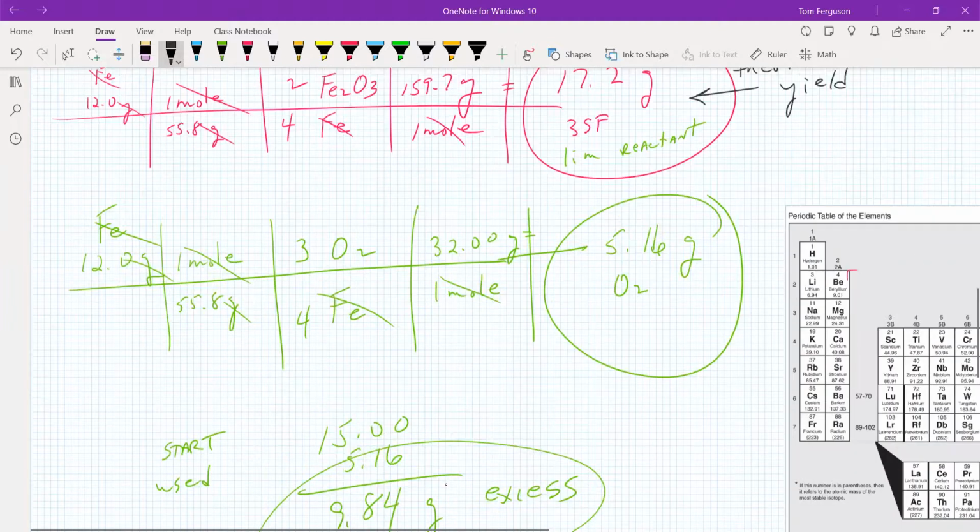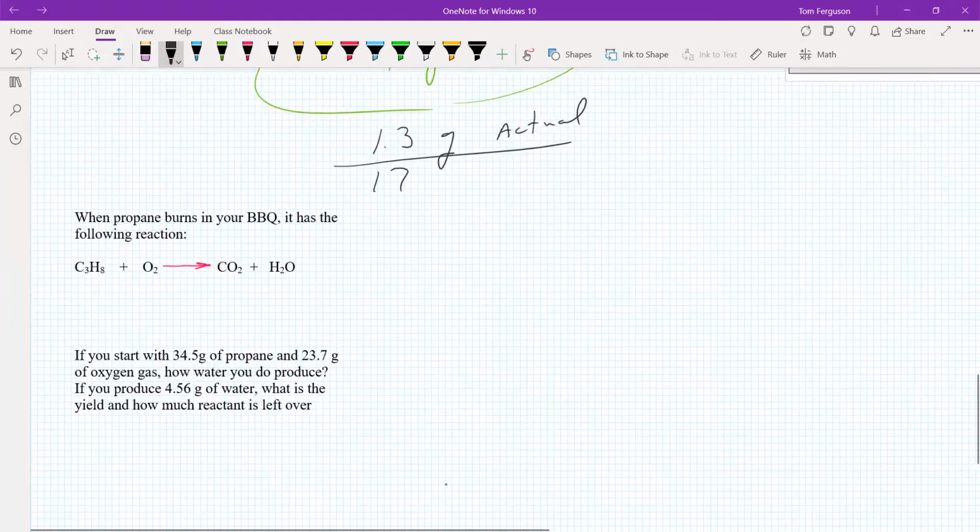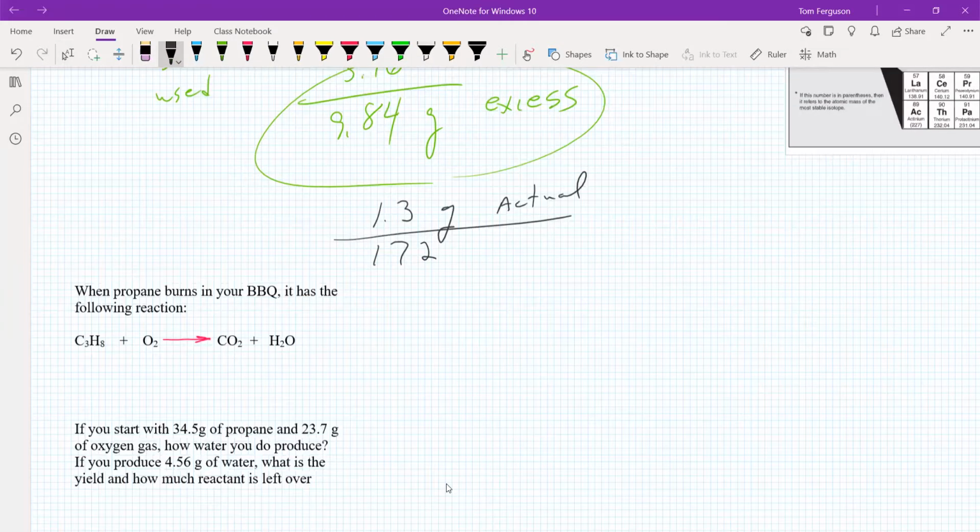And we had what, 17.2 theoretical, times 100 to convert it to percent. That gives us what?